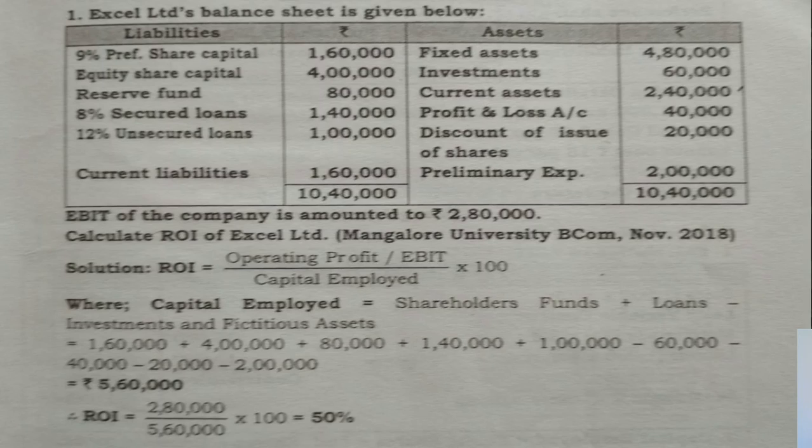So we have to take these fictitious assets. In this question, after investments, we have got 40,000. This is a loss in the profit and loss account.